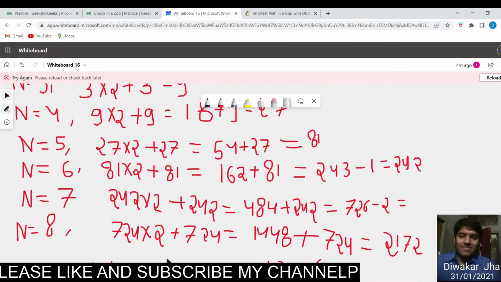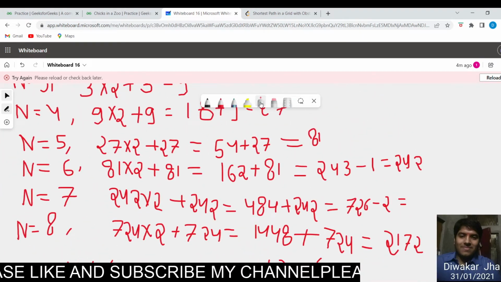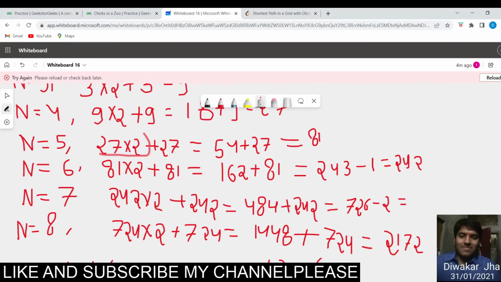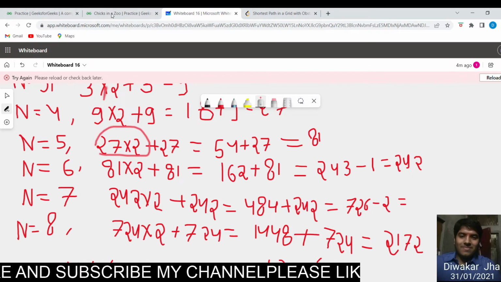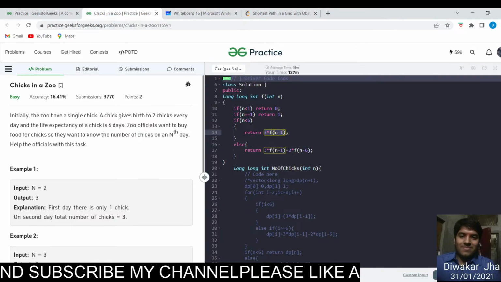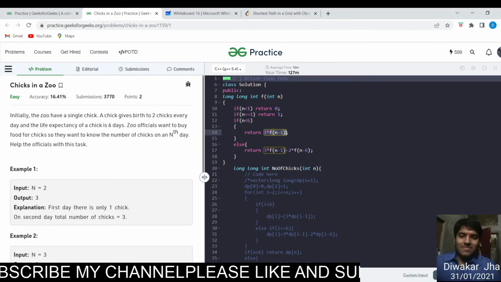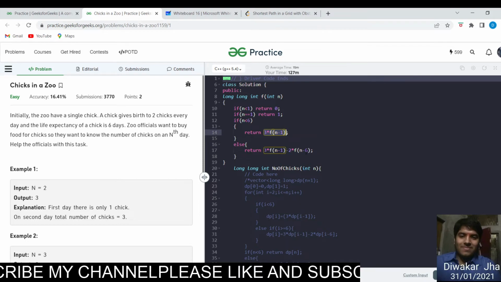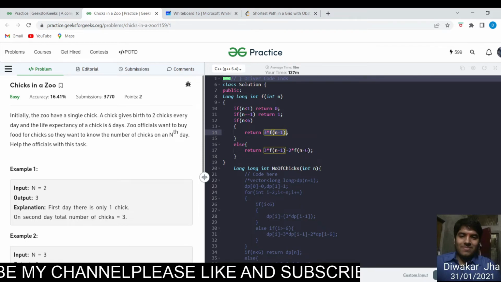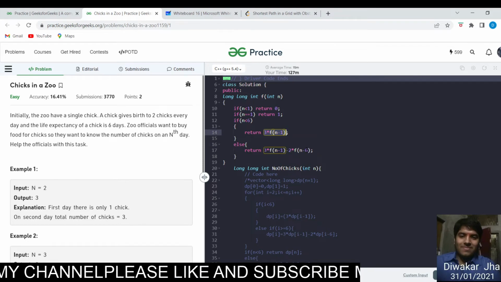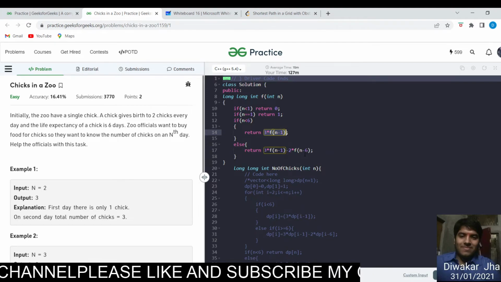Why? Because we are adding in this sequence, like 27 minus 27 into 2. So that's why we subtract 2 times f(n minus 6), those who have spent the life of a 6th day.